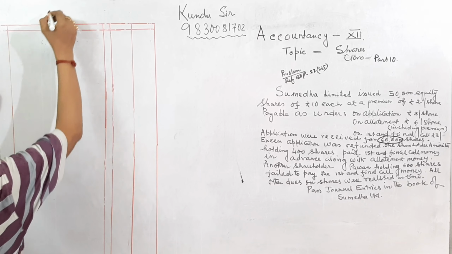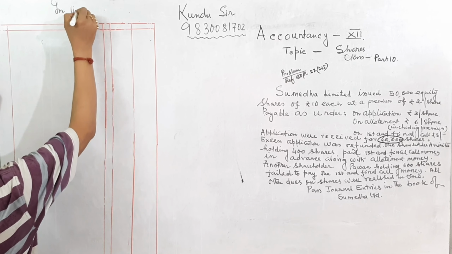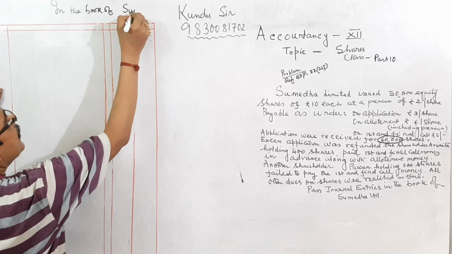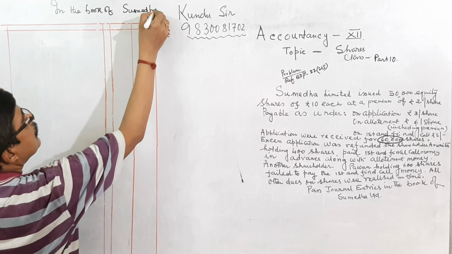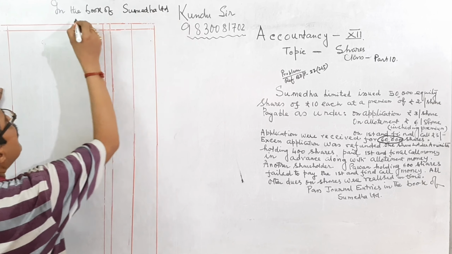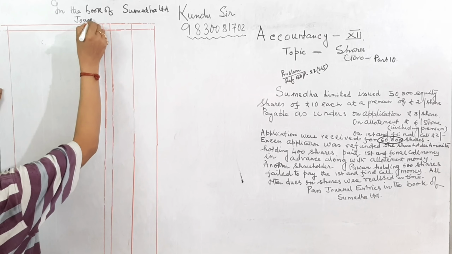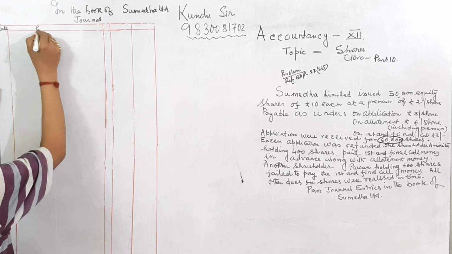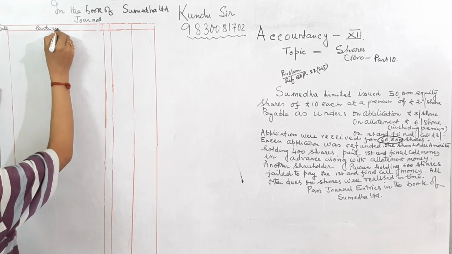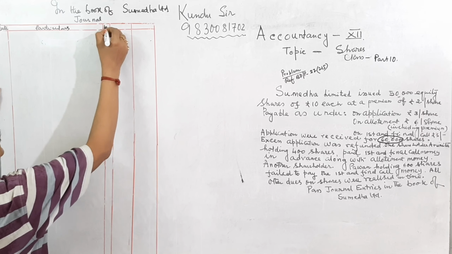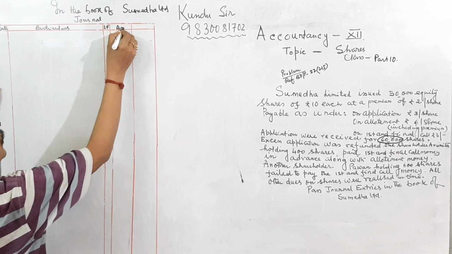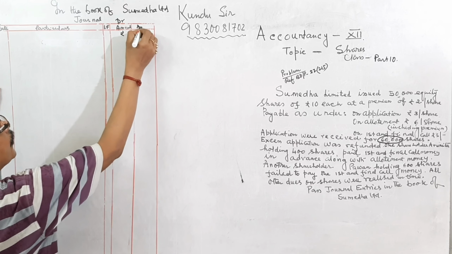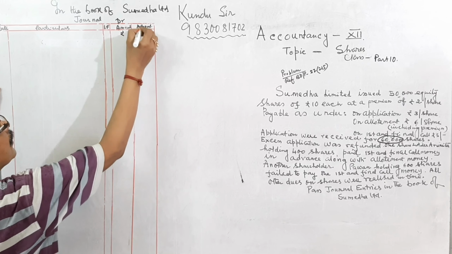Now, in the books of Sumedha Limited, journal entries: first the date, then particulars, thereafter the ledger folio, then amount in rupees, the debit, and amount in rupees, the credit.